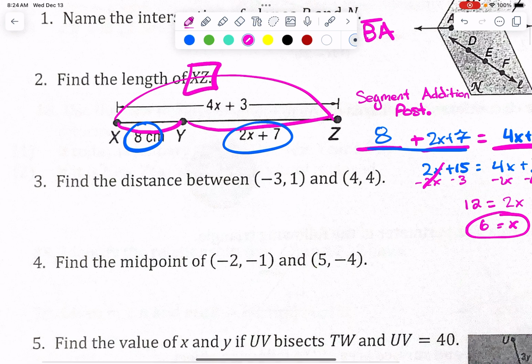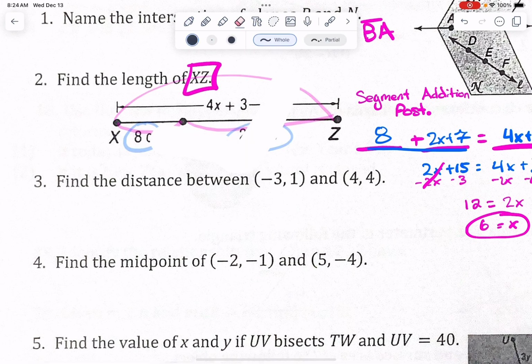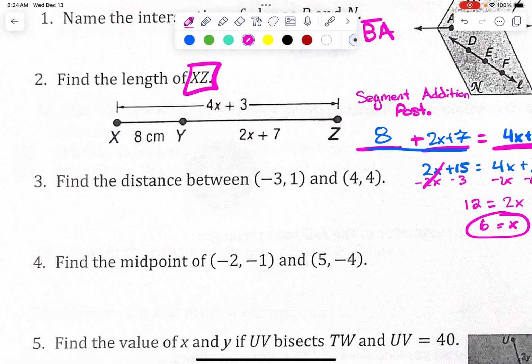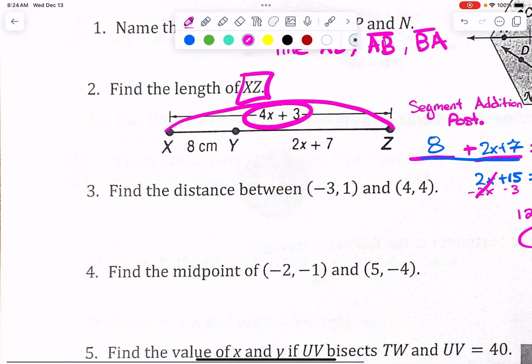Find the length of xz is what it says. So xz is from here to here. So I'm going to plug that back into the 4x plus 3. 4 times 6 plus 3 is 24 plus 3, so 27 is the length that I want. That's the length of xz, okay?